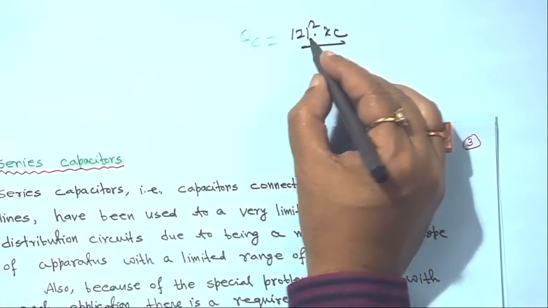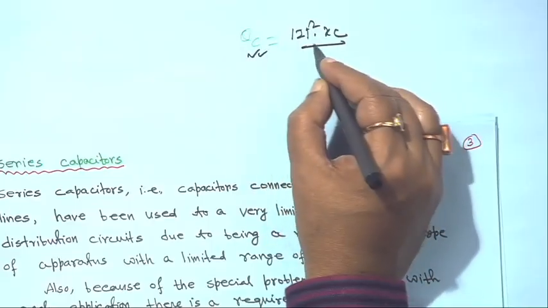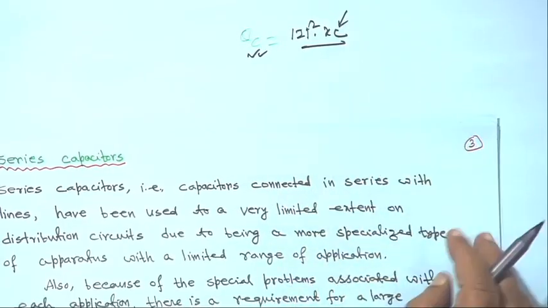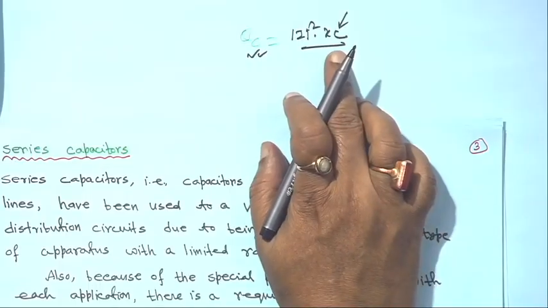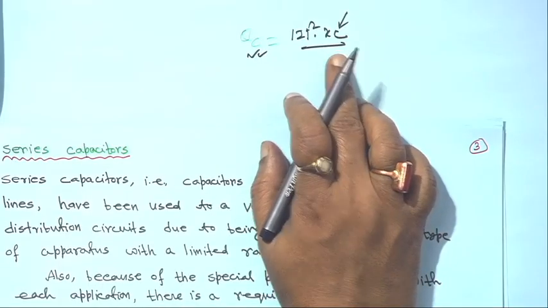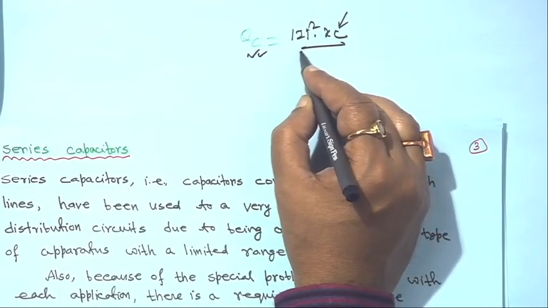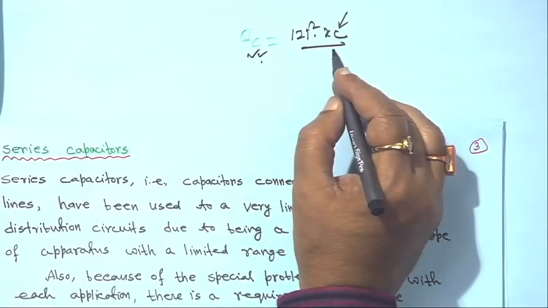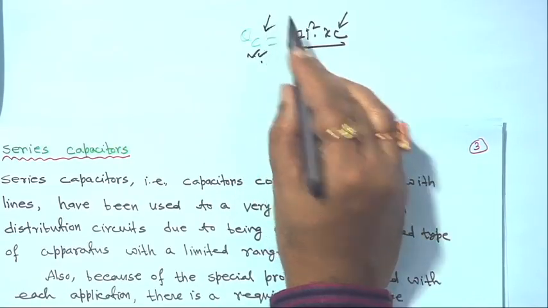Qc, the series capacitor's reactive power, is the magnitude of I squared into Xc. If the current is decreasing, Qc decreases, because Xc remains constant, assuming that the frequency of the network remains constant. If the current increases, Qc will increase. That means this Qc is a variable thing.